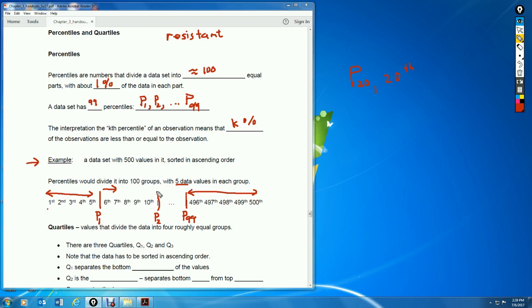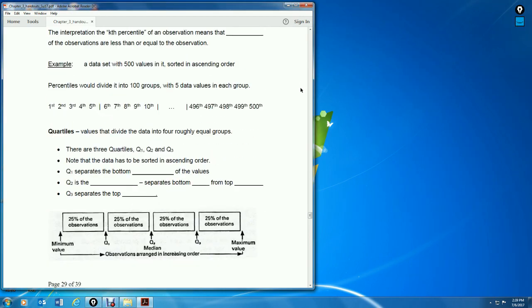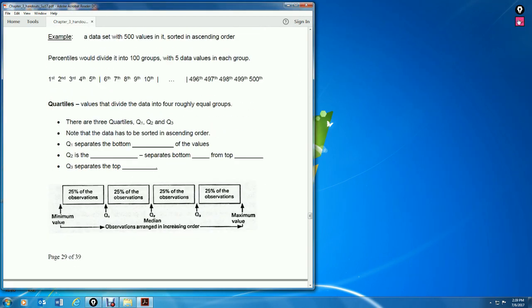So based on this definition of percentiles, then we are going to come and define our quartiles. Okay, I'm going to erase and scooch down. All right, so the quartiles are essentially percentiles, but they are particular percentiles, values that divide the data into 4 groups.